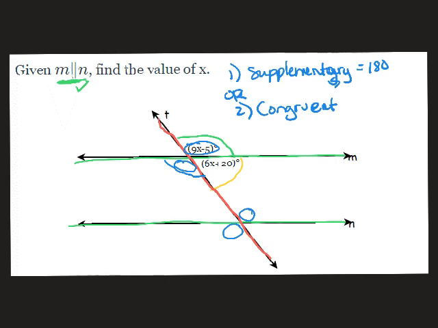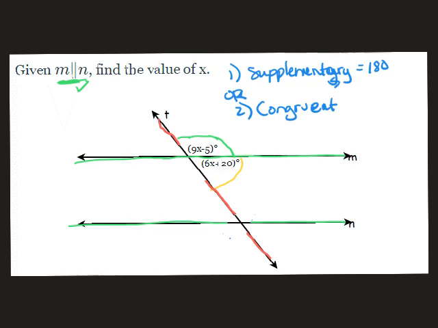They're all those things, depending on which one you're talking about. But we're not asking about those. What we're asking about are the two angles up here. We're asking about 9x minus 5, and we're asking about 6x plus 20. And we know that they're not congruent, so therefore they must equal 180.